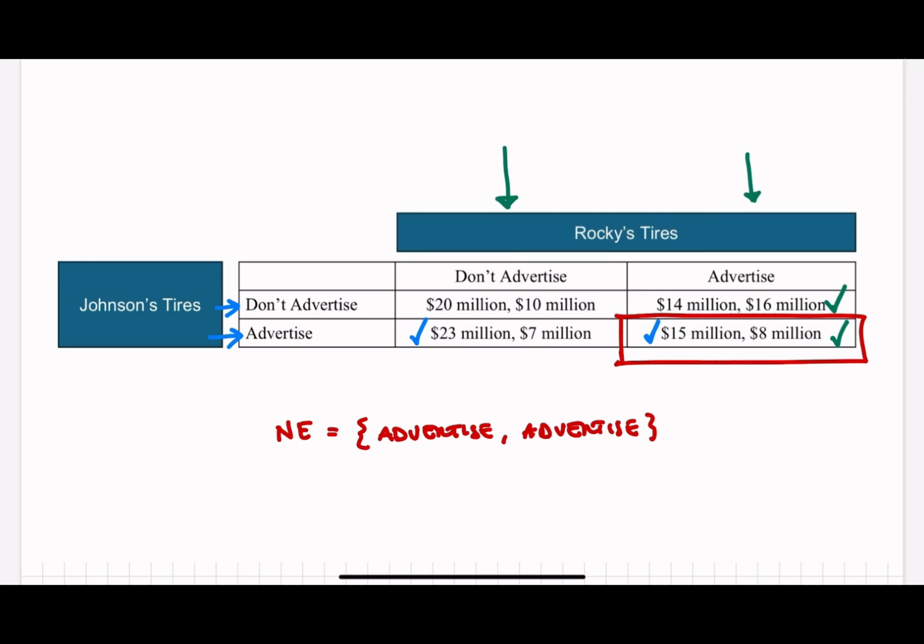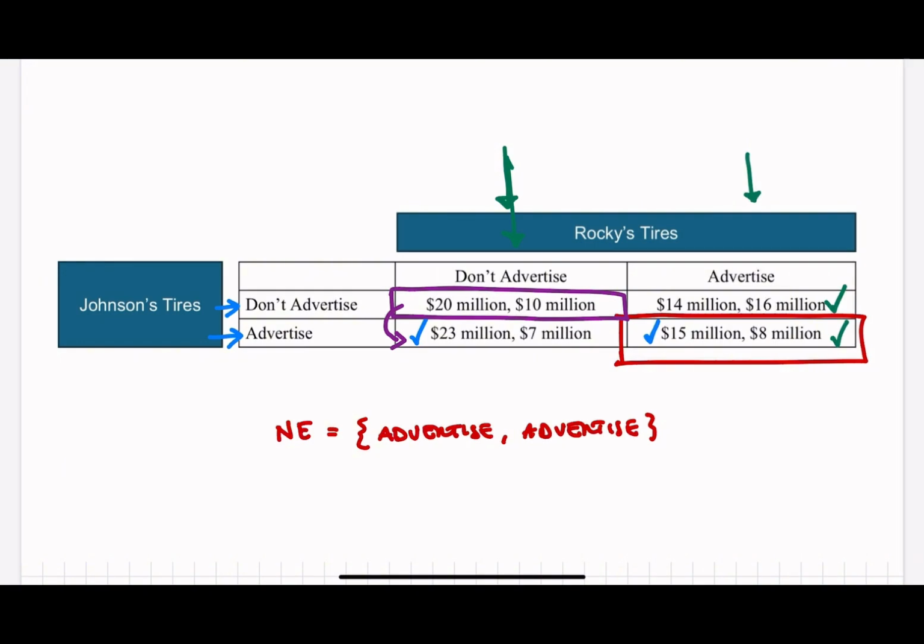What's interesting about this game is notice that the outcome of $15 million to Johnson and $8 million to Rocky's is actually less than if they both decided not to advertise. However, this outcome here is not a Nash equilibrium, because if Rocky Tire decides to not advertise, then Johnson would actually have an incentive to deviate from don't advertise and to advertise.